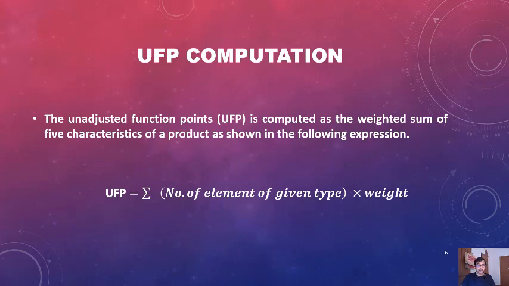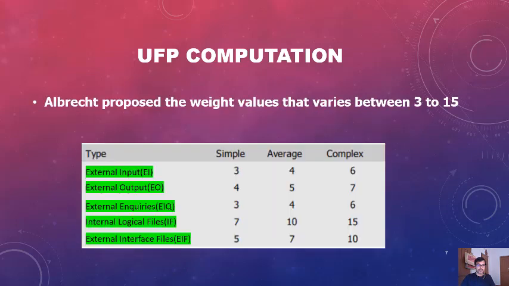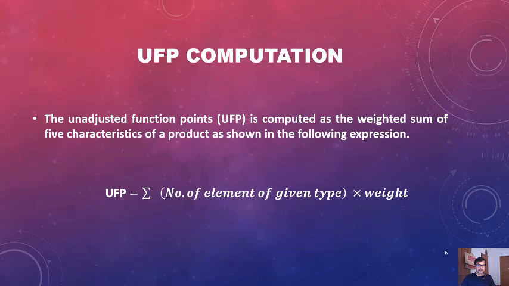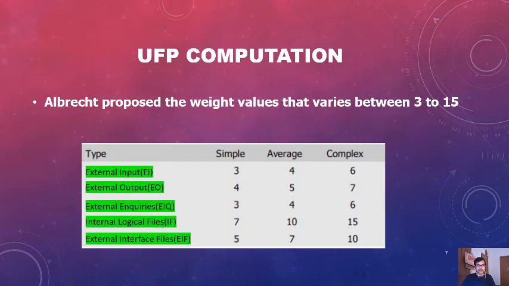Albrecht proposed weight values that vary between 3 to 15. This is the weight value which we have multiplied here with the number of the elements. There are five types: external input, external output, external inquiries, external logical files, external interface files.